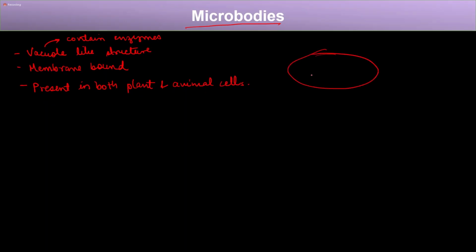Okay. And these microbodies are present in both plant and animal cells. So this is a vacuole, and it contains a particular enzyme, and this is why it is known as a microbody. One example of a microbody is the peroxisome. The peroxisome is an organelle that looks like a vacuole and contains enzymes.